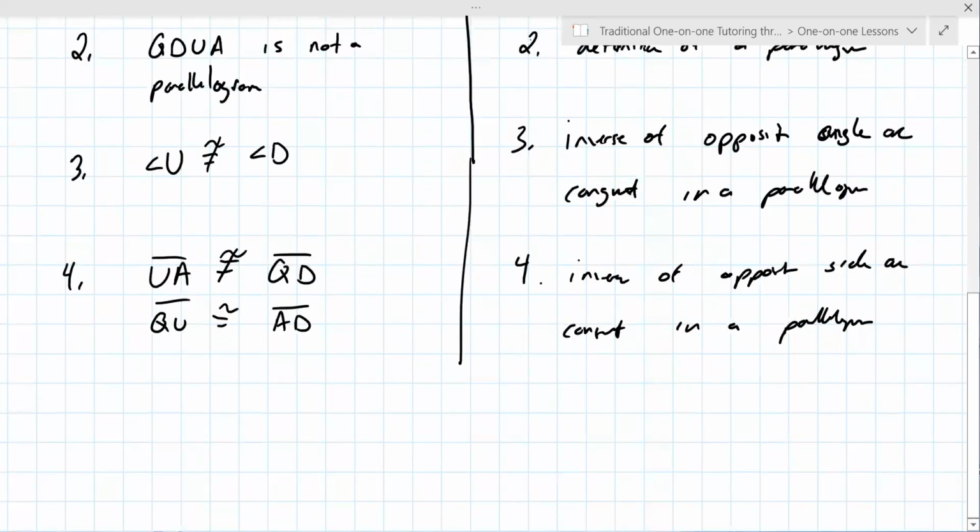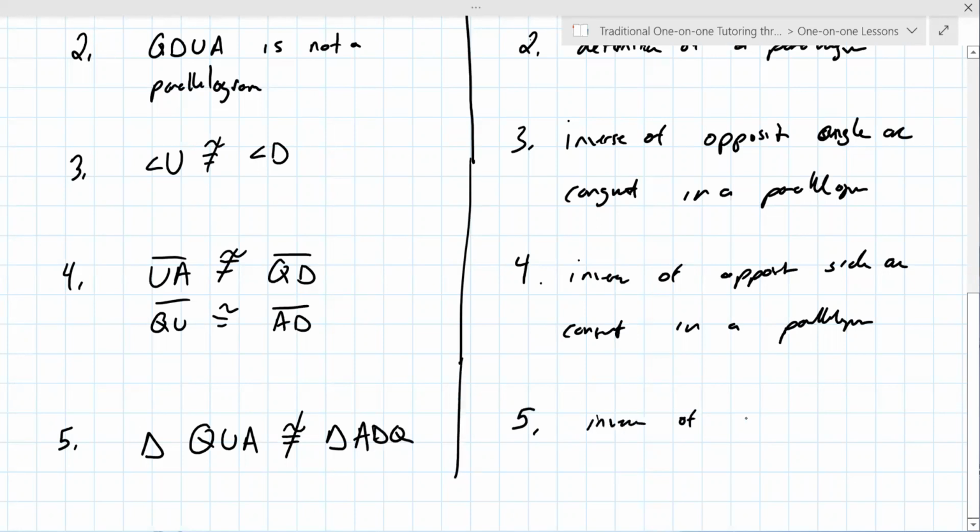And therefore, we can say that triangle, so the one on the left, hopefully you've got that problem in front of you, and the order does matter here. QUA is not congruent to triangle ADQ.